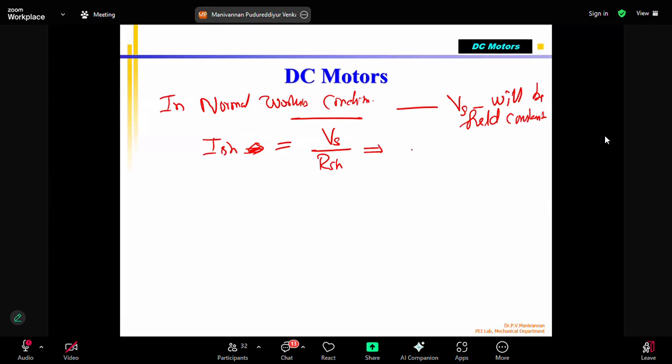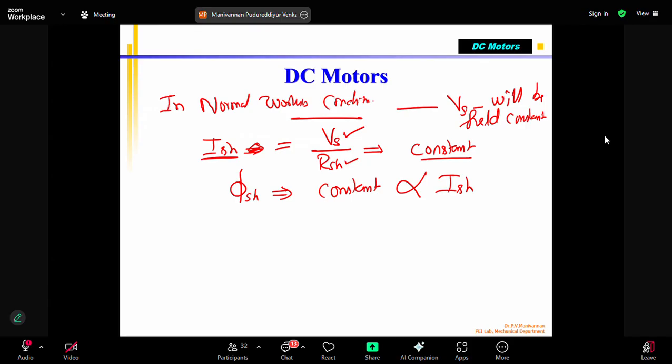This also will generally be held constant. Since I shunt is held constant, phi, or phi F or phi shunt, will be constant, because it is proportional to I shunt. I shunt is kept constant because V supply is constant and R coil also will be held constant. Automatically, shunt current will be constant, and because of the shunt magnetic field, I shunt or phi will be held constant.